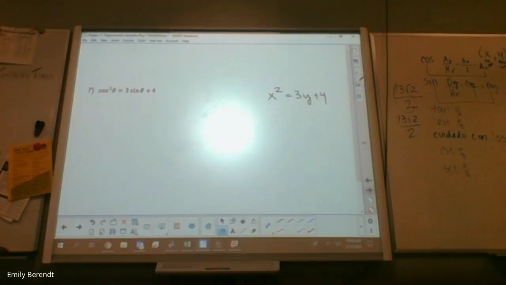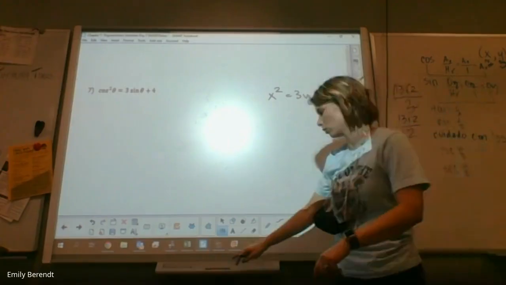So we're going to have to use an identity. Cosine squared equals 3 sine theta plus 4. How many trig words do we like to have? 1 if possible. Is there any way we could get it to 1 trig word? Yeah, what can we do? The same thing we did on the other one.